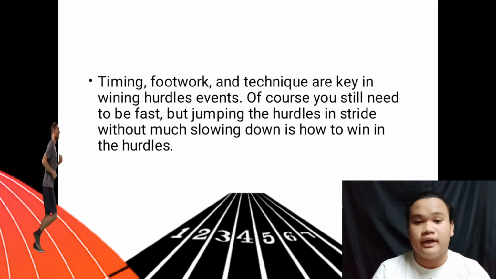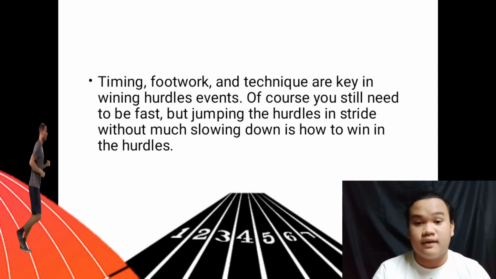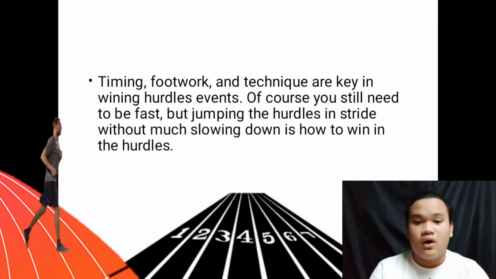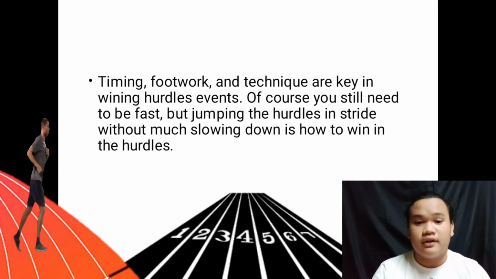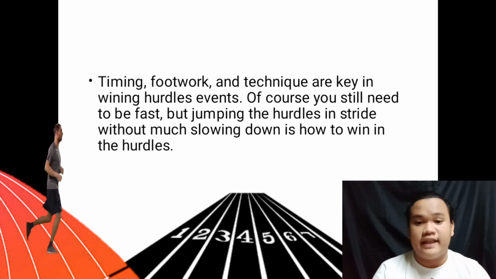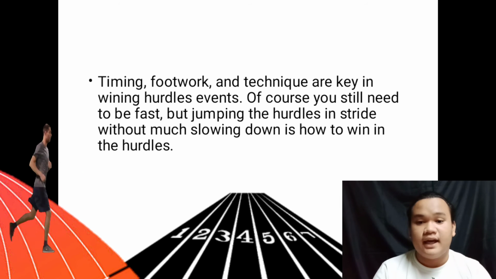Timing, footwork, and technique are the key in winning hurdles events. Of course, you will still need to be fast, but jumping the hurdles in stride without much slowing down is how to win in the hurdles.